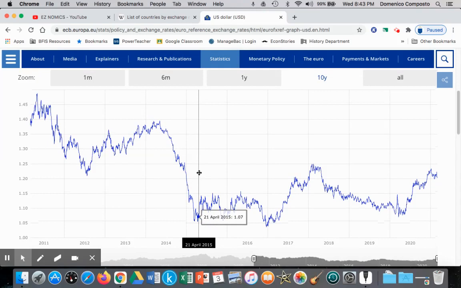Now, why is that? The United States economy was gaining strength in 2012, 13, and 2014, and as a result, the Federal Reserve Bank, the central bank of the United States, began to engage in contractionary monetary policy, which coincided with the European Union going in the opposite direction of engaging in expansionary monetary policy.